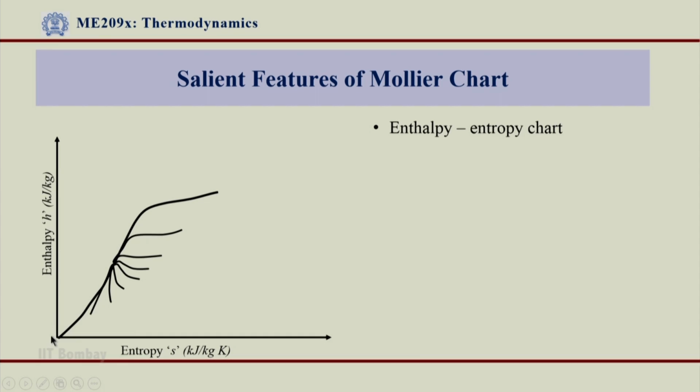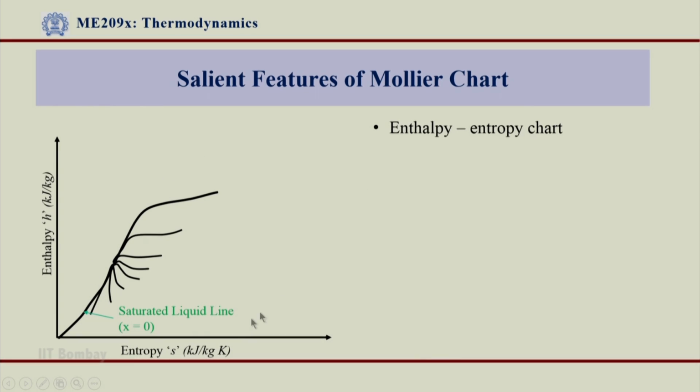What you see here is a little bit inclined enthalpy entropy diagram, and on this diagram I have drawn several lines, and this is the speciality of the Mollier chart. These two extreme lines are x lines. In fact, all these are basically x lines, and this is the saturated liquid line where x is equal to 0.